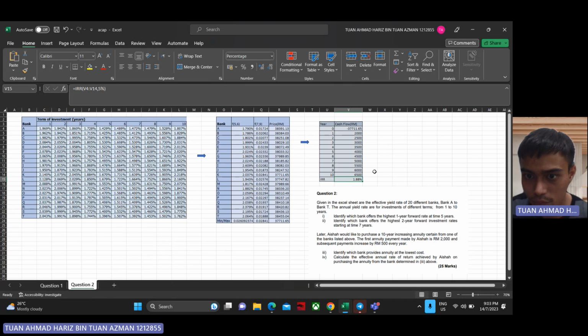Then comma, and we have to put a guess of what the answer could be. I just put 5%, close bracket, enter, and the result tells us 1.88%.